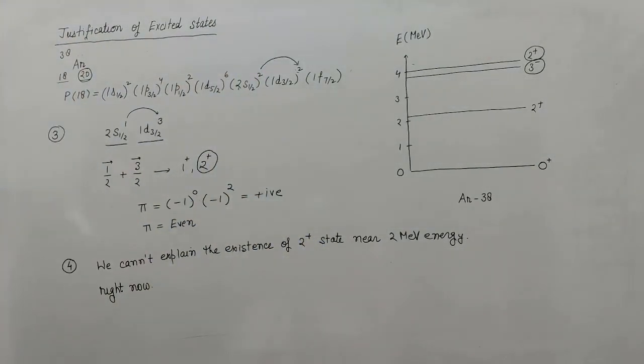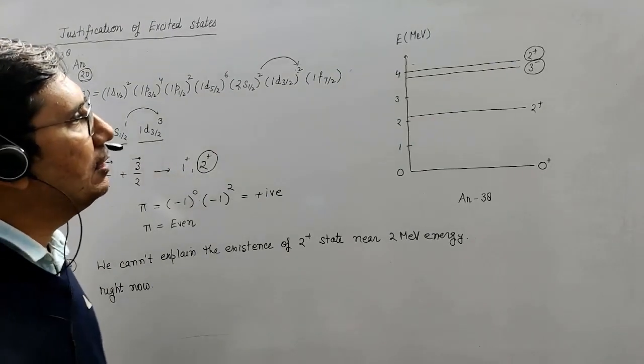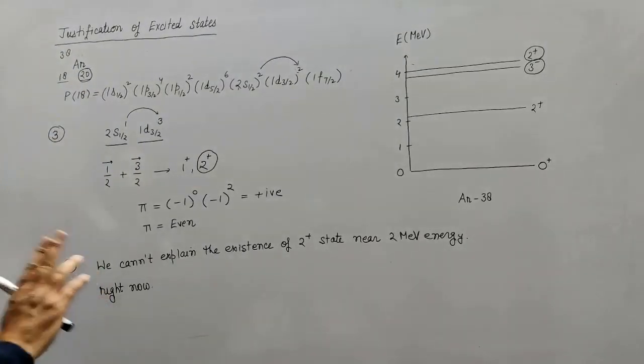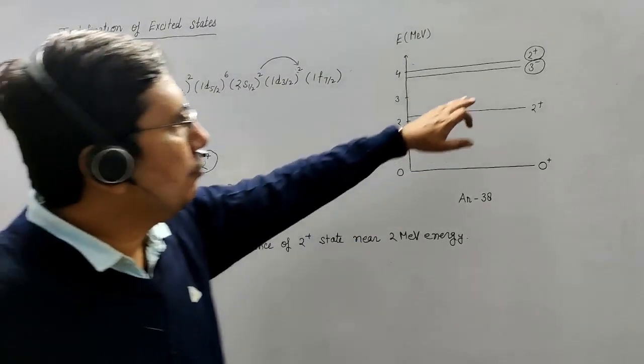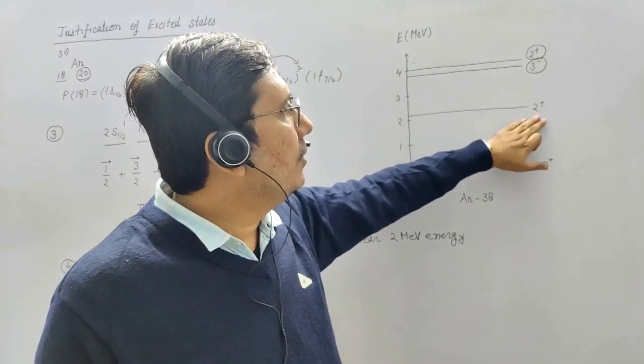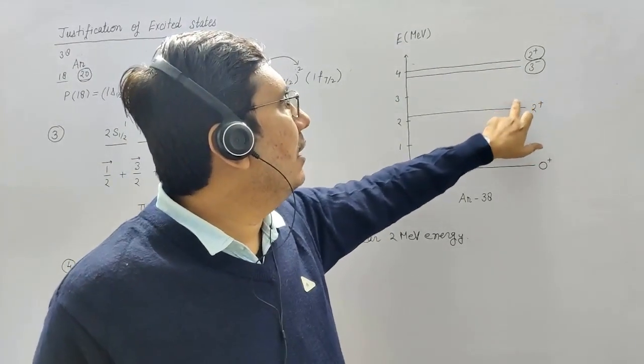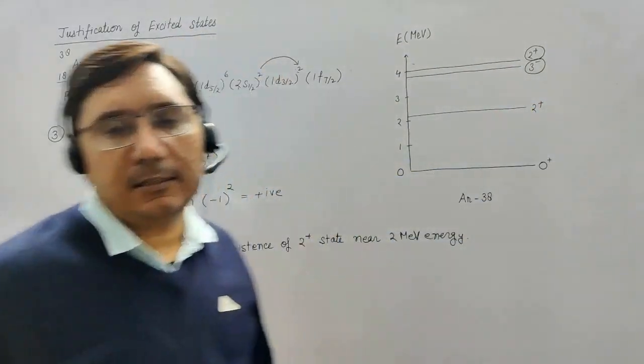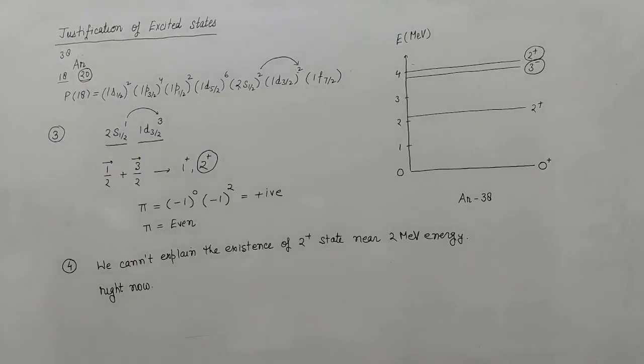Up to this point we are not able to explain this. So we are able to explain these 2 states, but for this even nucleus we are not able to explain this 2 plus state. So this was the second example.